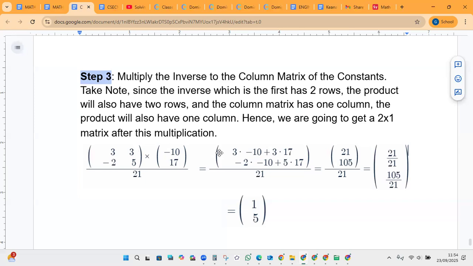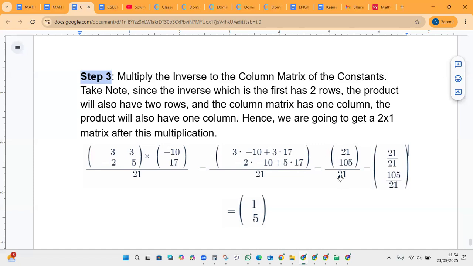So 3 times -10 plus 3 times 17 gives us 21, the first entry of the product. To get the second entry, we go to the second row and apply it to the same column. So -2 times the same -10 plus 5 times the same 17. And that will give us 105.